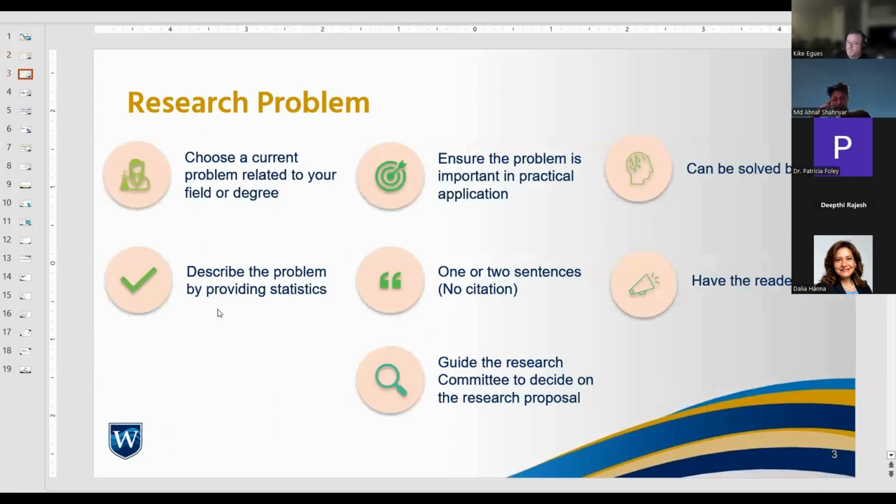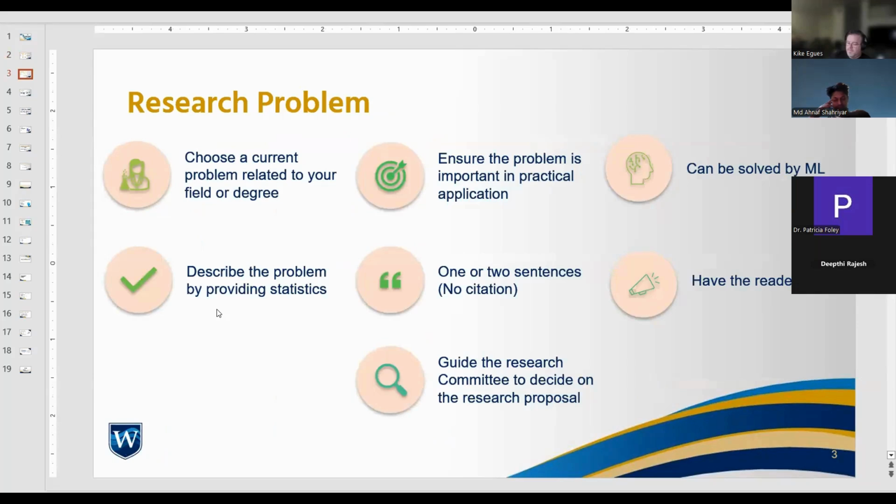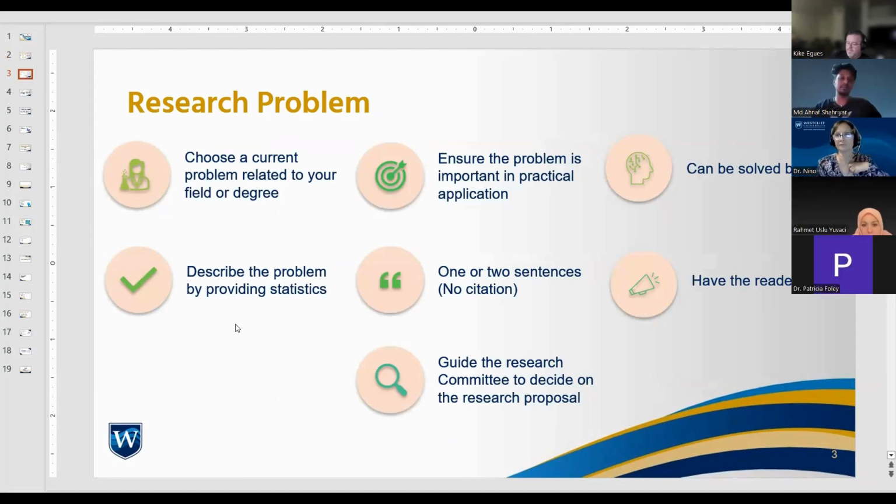When we're going to write our research problem, it's really important. I can't express how important it is to have a current problem related to your field of interest. Ensure the problem is important in practical application, not just that there's a gap in the literature. Make sure in this situation that it can be solved by machine learning.